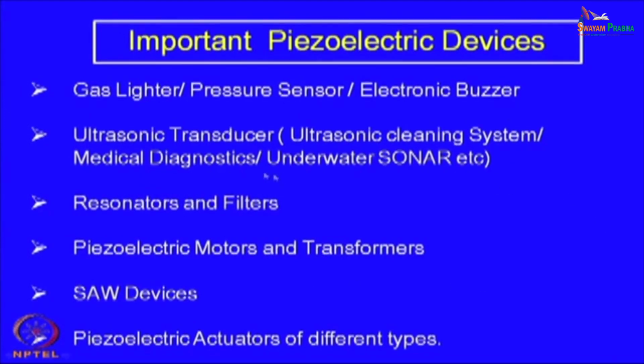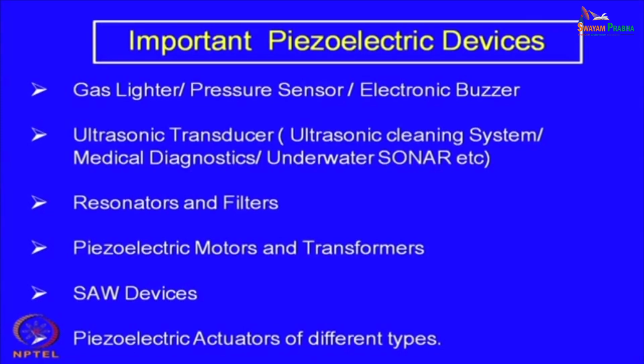So, medical diagnostics we have discussed, and then underwater sonar. Underwater sonar, of course, again one needs a good impedance matching with water, and therefore polymer ceramic composites are quite useful. Basically, the purpose of the sonar is that it is used primarily in submarines or navy ships, where you want to detect under the water any enemy ship or enemy submarine and so on.